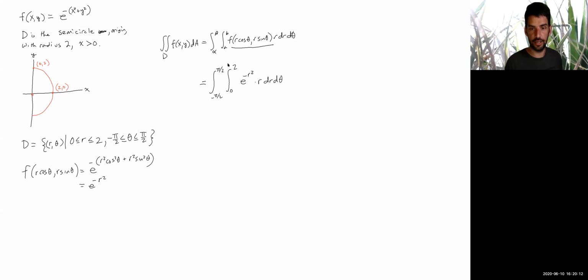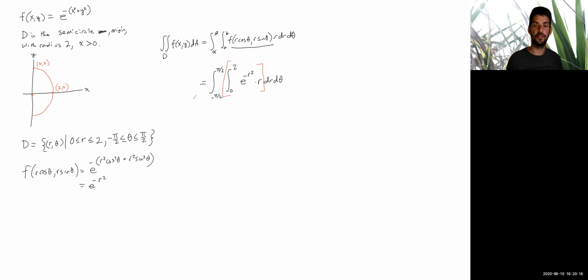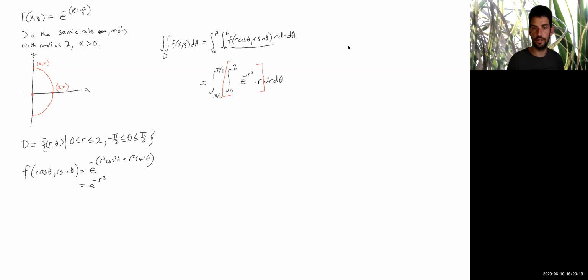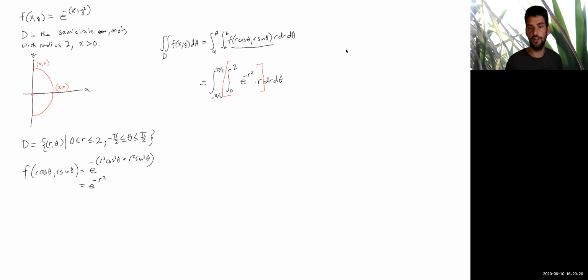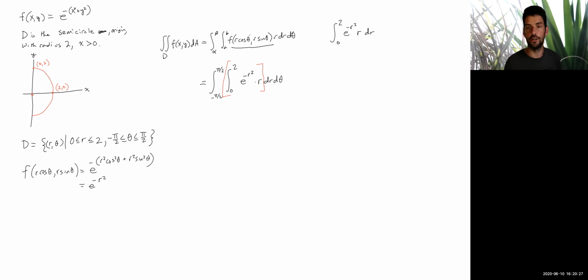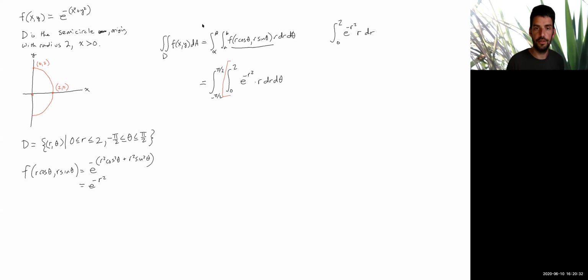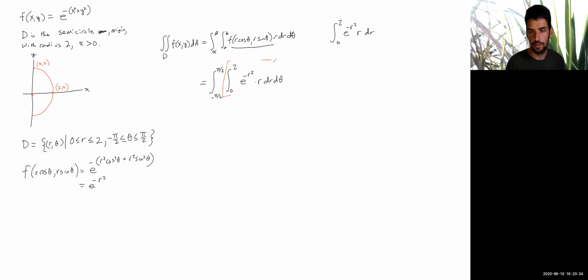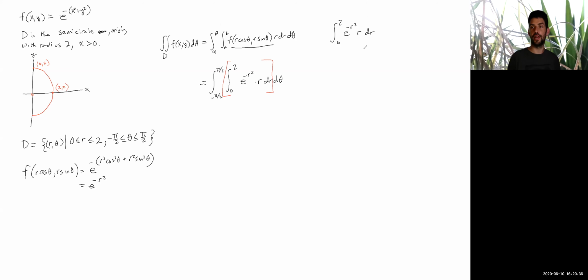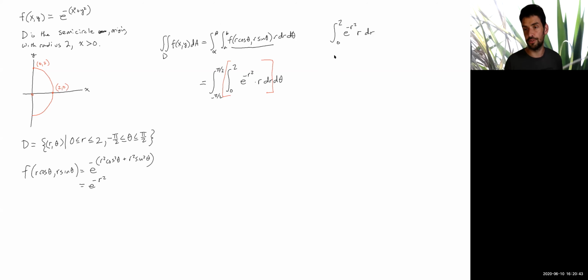Let's concentrate on this piece. All right, so maybe I'll do this off to the side. The integral from 0 to 2 of e to the negative r squared r dr. Oops, I forgot to include dr. So this looks ripe for a u substitution.